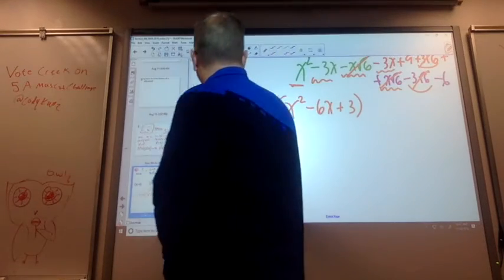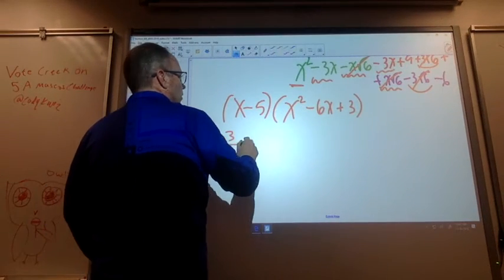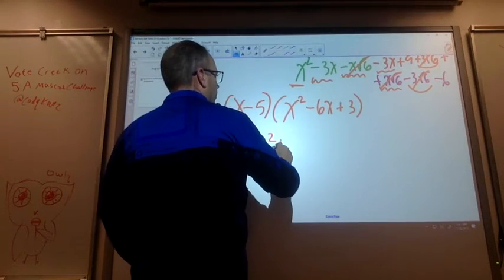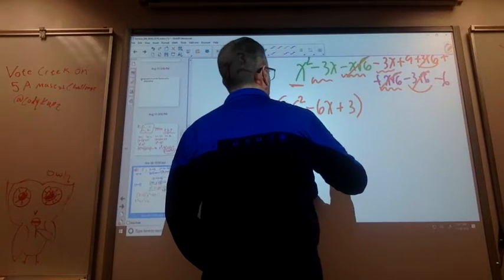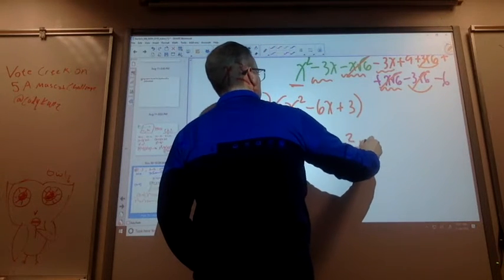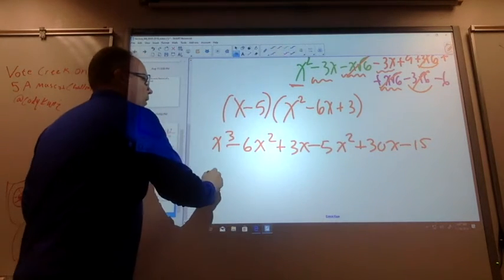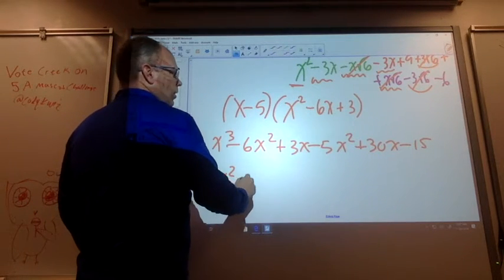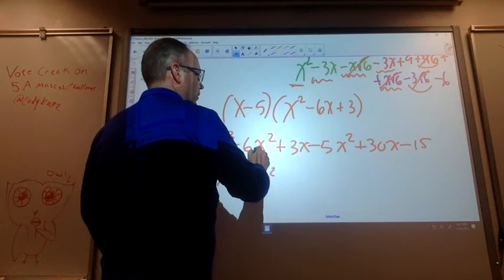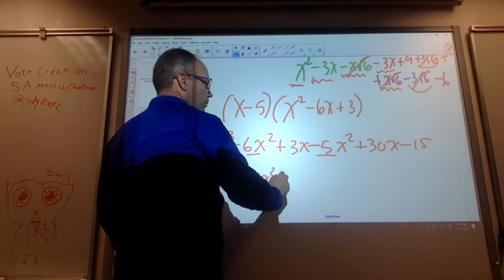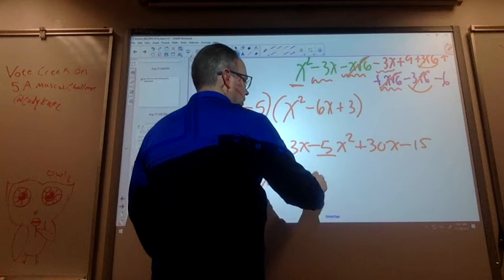X gets distributed. Combine like terms, those, and then plus 33x, and that's minus 15.